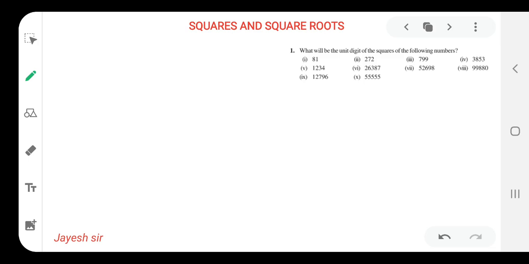So question number 1: what will be the unit digit of the square of the following numbers? Unit digit has been asked.